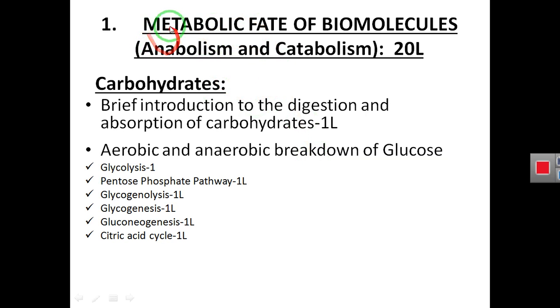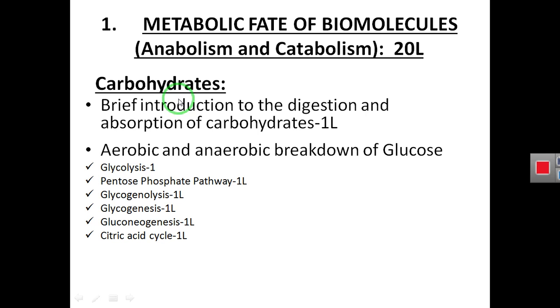In part 1, that is about the metabolic fate of biomolecules, we will study about the metabolism of different biomolecules like carbohydrates, protein, lipids. So in this part, we will be covering both anabolism and catabolism of different biomolecules.